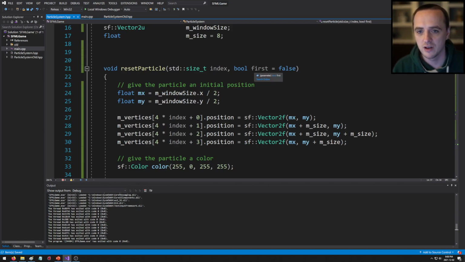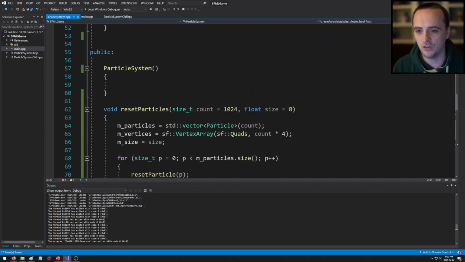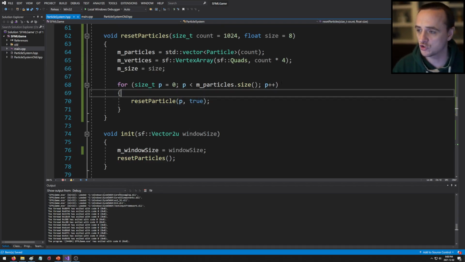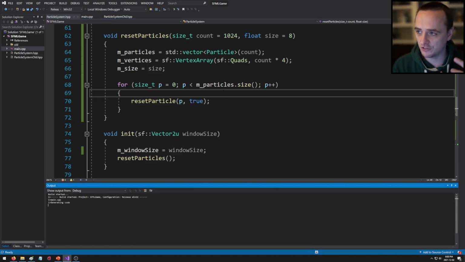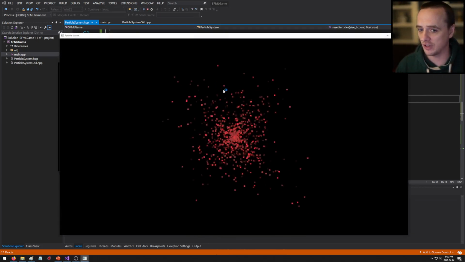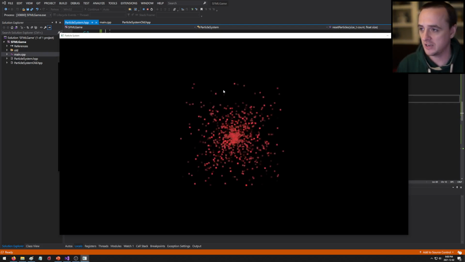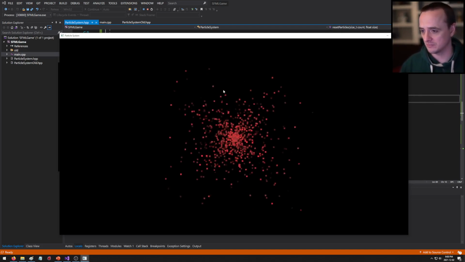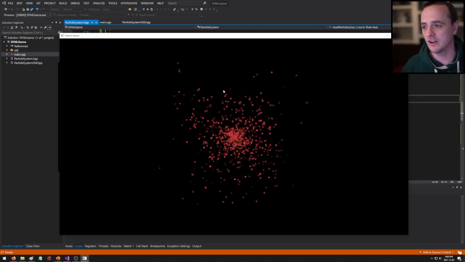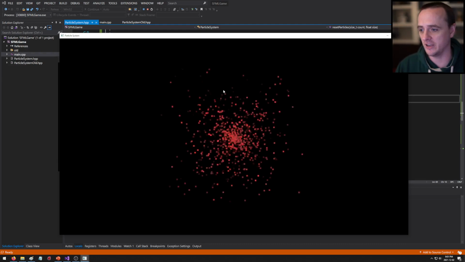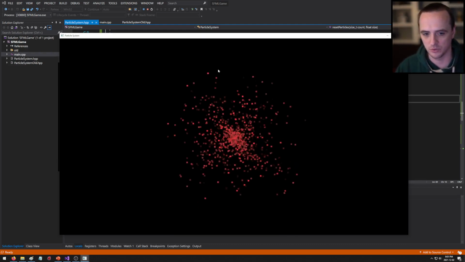And then only when I call this from the initial reset particles, I pass in true to that. And what that does is that the very first time everything spawns, it's invisible. And then after the first lifespan, see, it starts to slowly come in. So that's the way that I implement that. There may be a more elegant way to do that, but this is quick and dirty and it just works, so that's how I end up doing it.